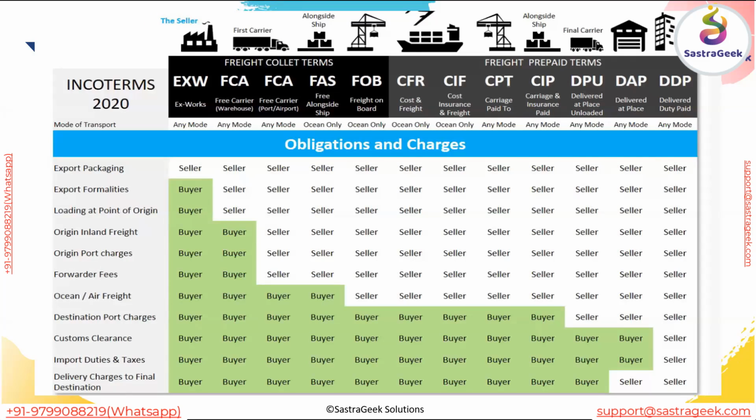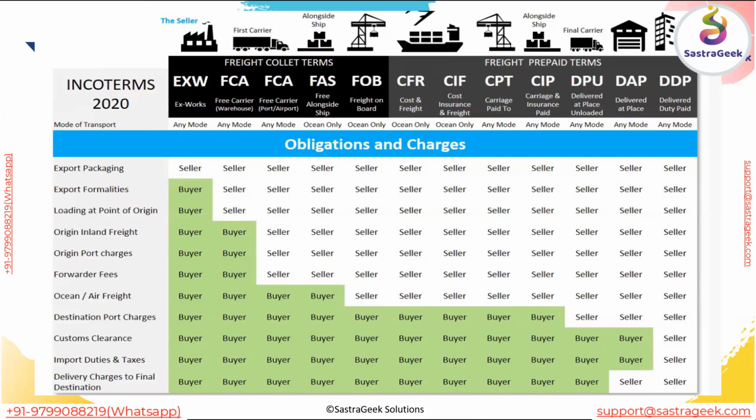If you Google Incoterms, you will find n number of diagrams explaining what each Incoterm is, what the responsibility of the buyer is, and what the responsibility of the seller is. There is a specifically dedicated site by International Commerce also, which explains very clearly how Incoterms work. This picture is actually taken from that site.